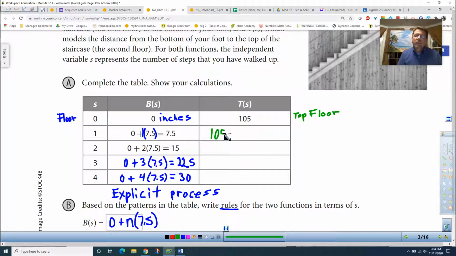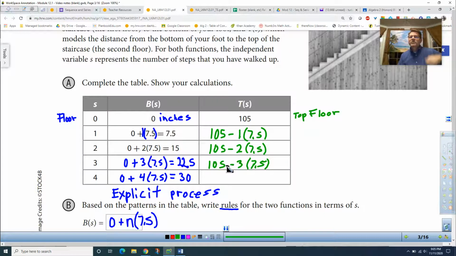So now we're at 105, and now we're coming down, right? 105 minus 1 times 7.5, and then 105 minus 2 times 7.5, and then 105 minus 3 times 7.5. Okay? And then you continue coming down.